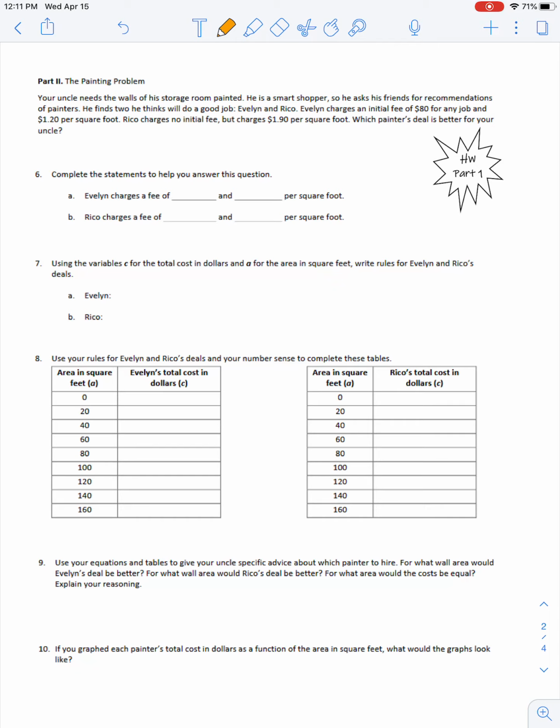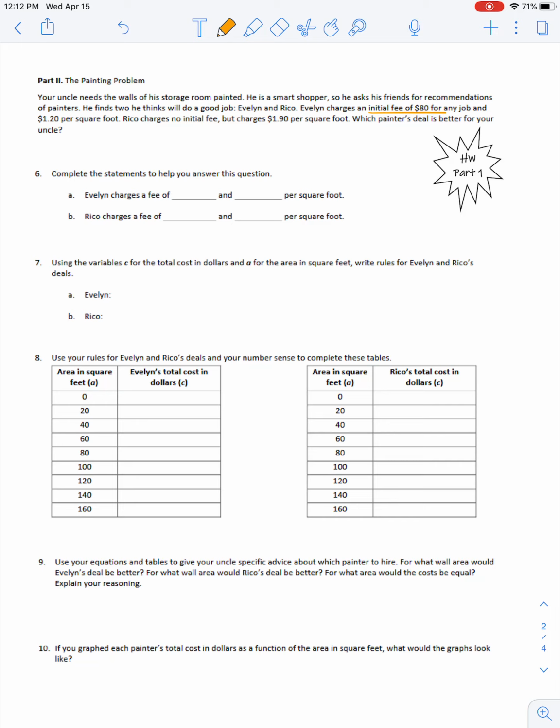So Evelyn charges an initial fee of $80 for any job and $1.20 per square foot. Rico charges no initial fee, but charges $1.90 per square foot. Which painter's deal is better for your uncle? Okay, so let's go through and fill out these sentences that are started for us. So Evelyn charges an initial fee of $80 and $1.20 per square foot.